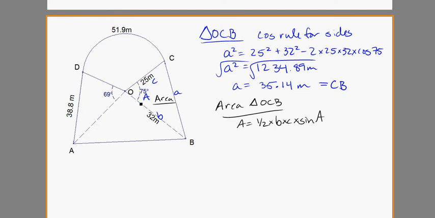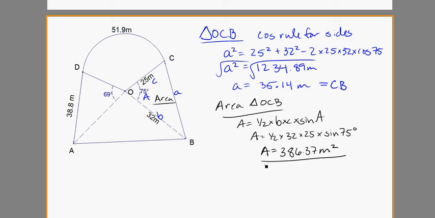We can call that angle A, and we've got side B and side C. So the area is going to be equal to 1/2 times 32 times 25 times sin of 75 degrees, and the area in this case is going to be equal to 386.37 meters squared. Watch your units. Remember that area is in meters squared.